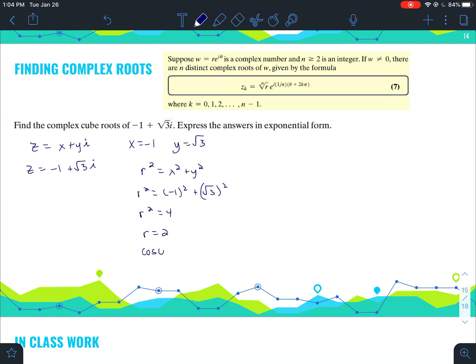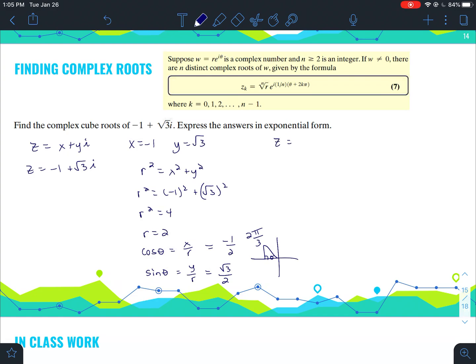And then remember, cosine theta equals x over r. Sine theta equals y over r. And so x over r would be -1/2, and y over r would be the square root of 3 over 2. And so for cosine to be negative and sine to be positive, I'm in the second quadrant. And I would be at a pi over 3 reference angle in the second quadrant for cosine to be 1/2 and sine to be square root 3 over 2, and that would be 2 pi over 3.